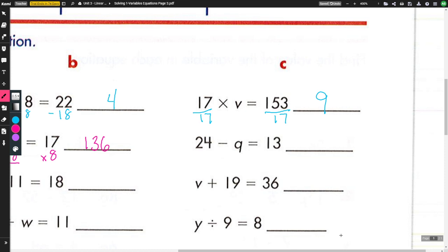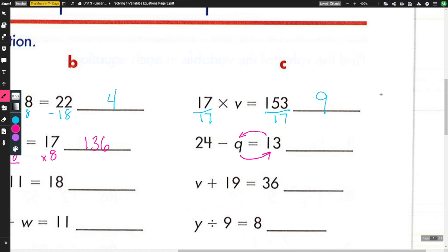Okay, here is a tricky one. When you divide or subtract and your variable is the second one, you're going to end up adding to both sides and then subtracting the number from the other side. Basically, you flipped the two numbers.